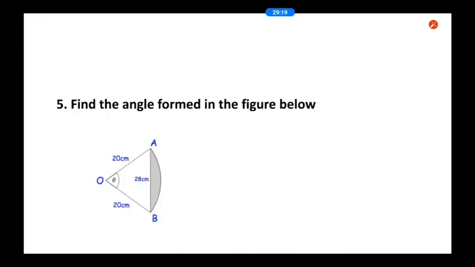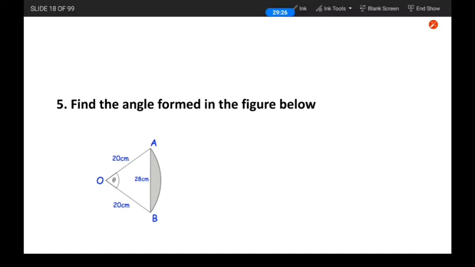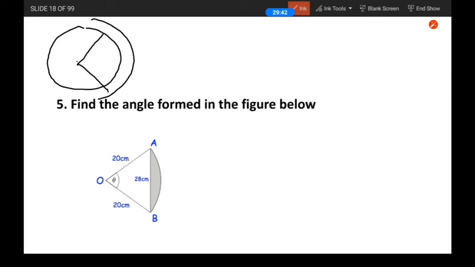Is that okay? Now look at this. I'm going to explain this in detail so that you can understand better. Now look at what we have here. This is part of circles. I'll really explain the circle that we have there. Now, this is what? An arc, right? This is a radius. This is a radius.